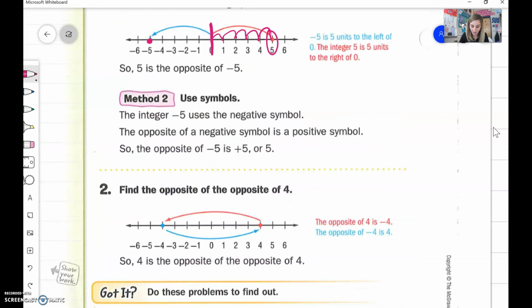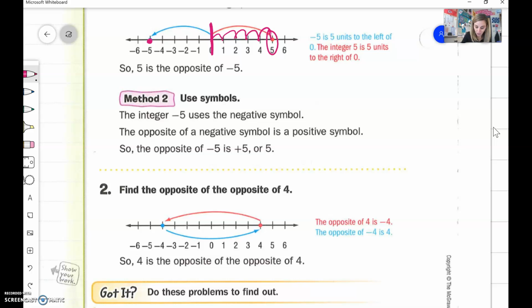All right. Now, this is my favorite. It's finding the opposite of the opposite. You're like, what, Mrs. Horner? That makes no sense. So start off very simple. Find the opposite of 4.